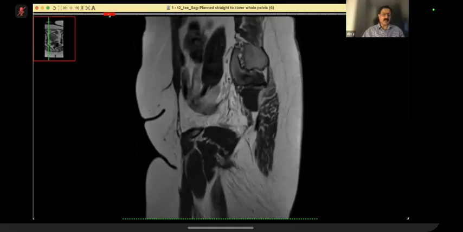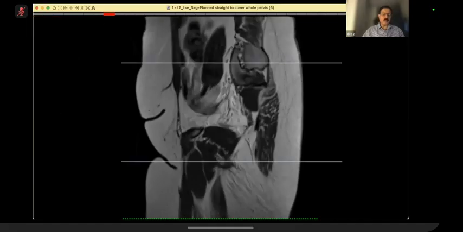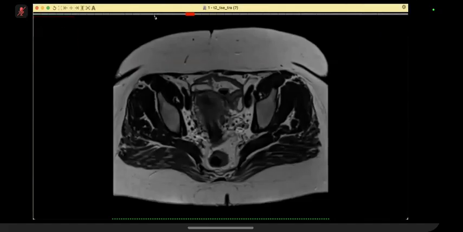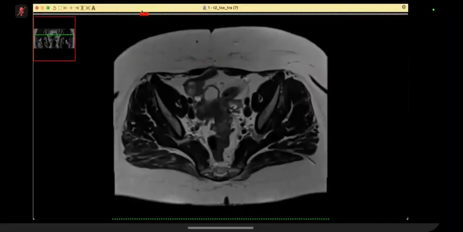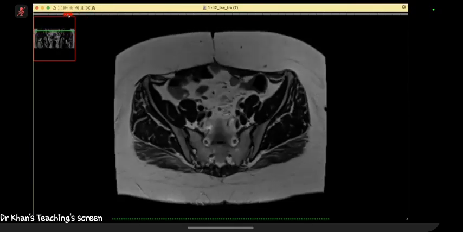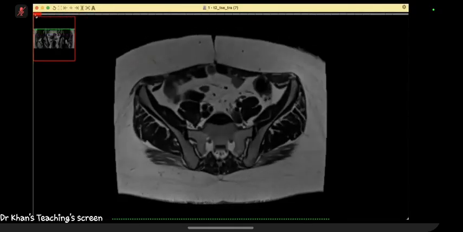Okay, just 1 second, please. I'll take the mouse from you. So I've given you an axial. Over to you. Thank you. So this is an axial T2 weighted image of the same patient.